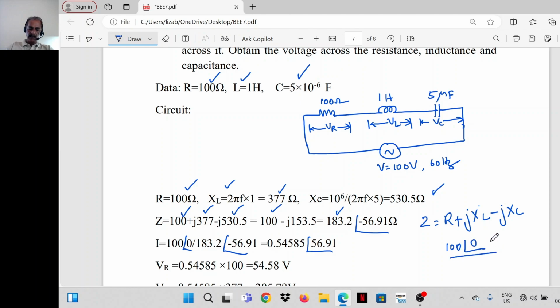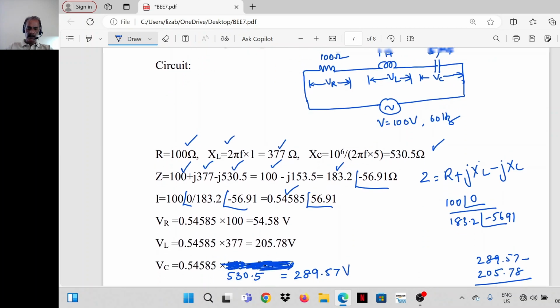So 100 angle 0 divided by 183.2 angle minus 56.91. 100 by 183, that is 0.5458, angle 0 minus minus 56.91, plus 56.91. So I is leading, that is I is 0.54585 angle 56.91.